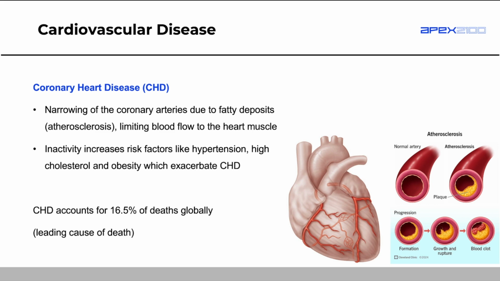So you can see in the picture that we've got a normal artery where it's clear through the middle, there's nothing restricting the blood flow, versus something called atherosclerosis. And atherosclerosis occurs when plaque and fat deposits gather within the opening of the artery and narrow that arterial wall.